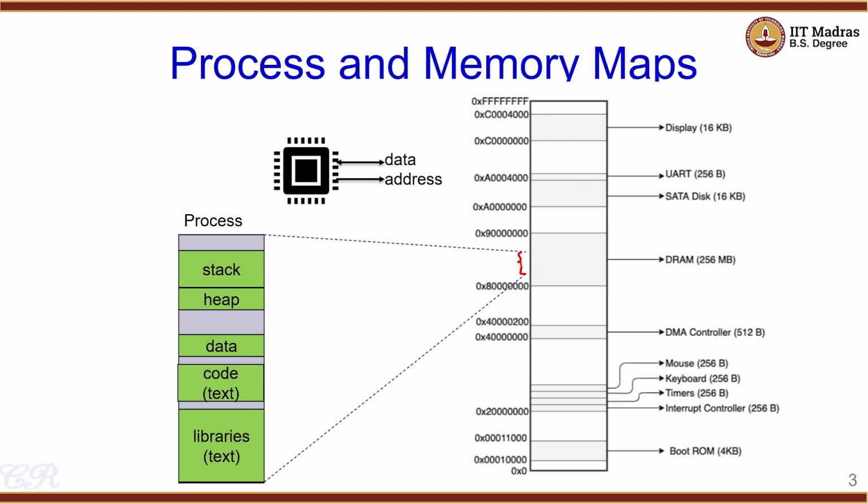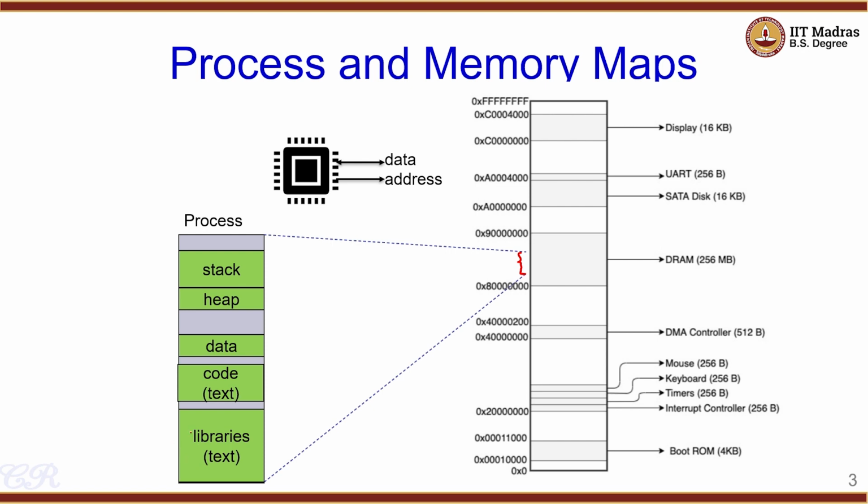What you would immediately see is that because it's mapped into this particular region of DRAM, and the DRAM is in the range of 0x80 million to 0x90 million, every address within this process should fall within this range, that is 80 million to 90 million.